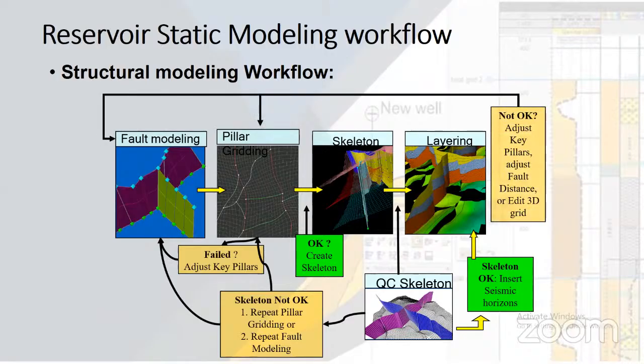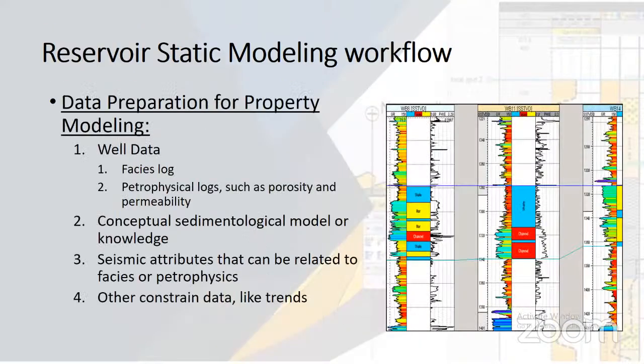If it's okay, we can go to create the 3D grid or the 3D model. If not, we go again to the fault modeling and pillar gridding to see what is wrong with the two processes. Okay, so that was for the structure modeling.